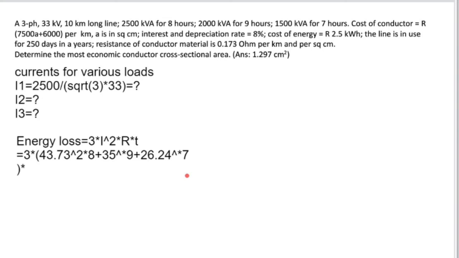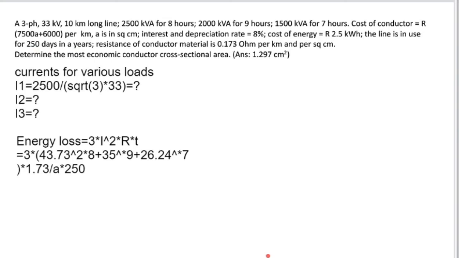And then the R will come as how much? 1.73 over A. Did you get that? It is R. Now we got 3I squared R and the time for a day. Now for a day is done, but we need to go to 250 days a year. So we need to still multiply it by 250.